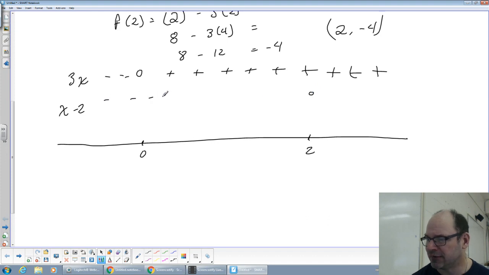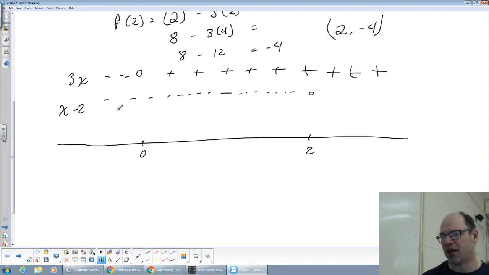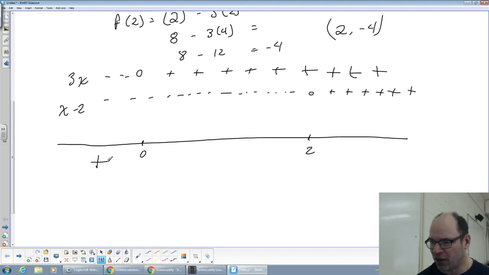Below that, if we put in 0, 1, or negative 1, we get a negative number. Above it, we get a positive number. So for the whole thing, from here to here, we have negative times negative, which is positive. Then positive times negative, which is negative. And then another positive times positive. This is basically for 3x times x minus 2. That's our intervals right there.